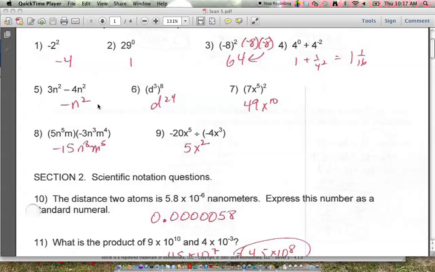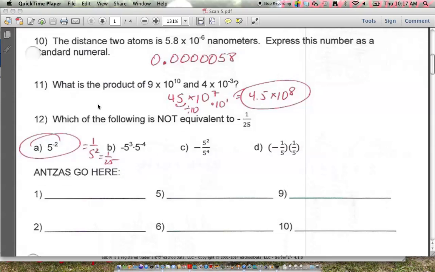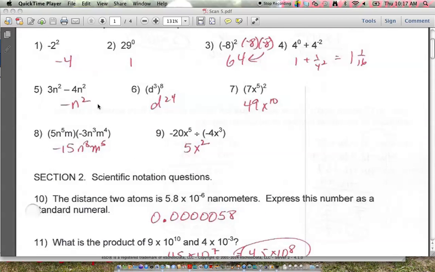Okay, again, if you're wrong, just put an X through it. Did everybody get numbers 1 through 9 checked off? No? Okay, I'll go back. Again, just right or wrong. We can talk about how to do them in a little bit.